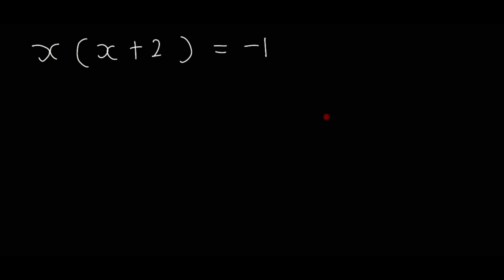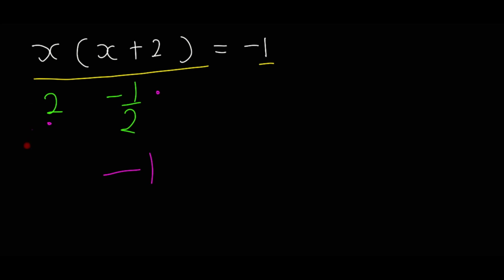Remember that if this is minus 1, yes, even this part could be minus 1, but what if this one is 2, and what if this one is negative half? So 2 times negative half gives negative 1. So you see that it's not always the case that if this number is this one, then even this one will be the same, because many things can happen to give negative 1 for this side.